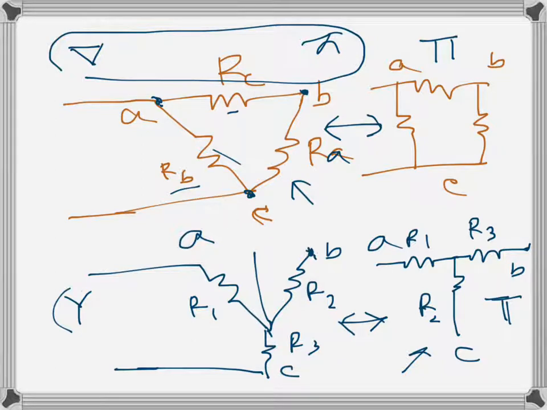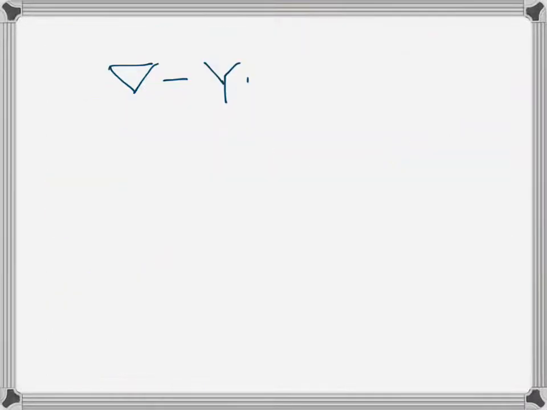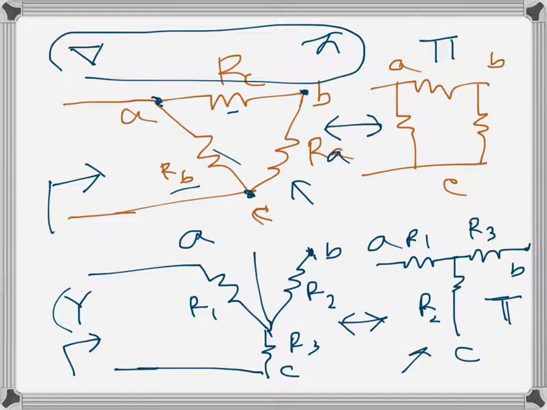So terminals are important, we cannot change the terminals. So if we want to find R seen from here and here, so RAC, in delta, that will be equal to these two in series, RA and RC, and then parallel with RB.